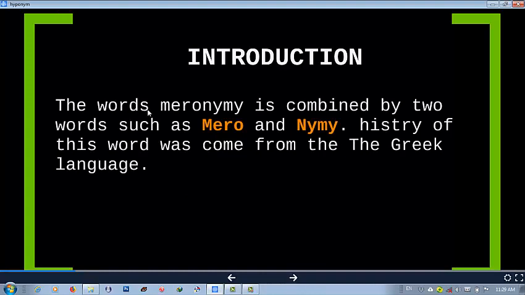The word meronym is combined from the words meros and name. The history of this word came from the Greek language, because the language and the country always link together.